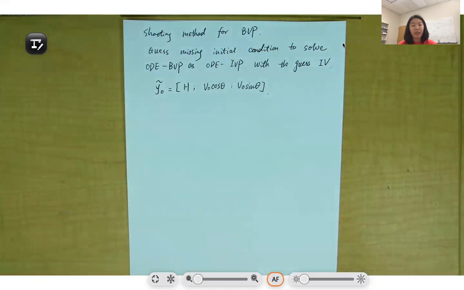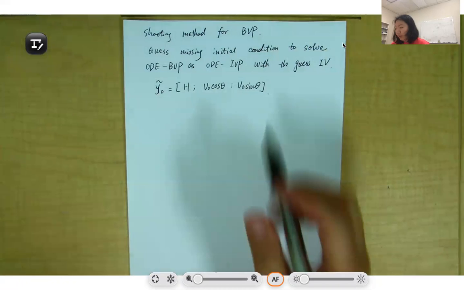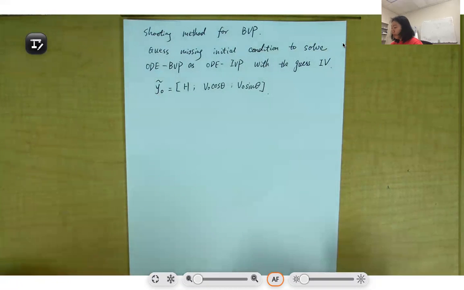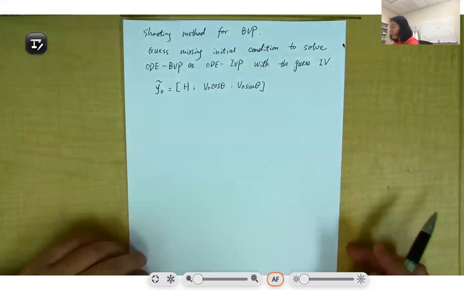That is basically we are guessing an angle for the cannon and trying to shoot the ball until it meets the final condition that the ball lands on the shape. Then we are done with this BVP.